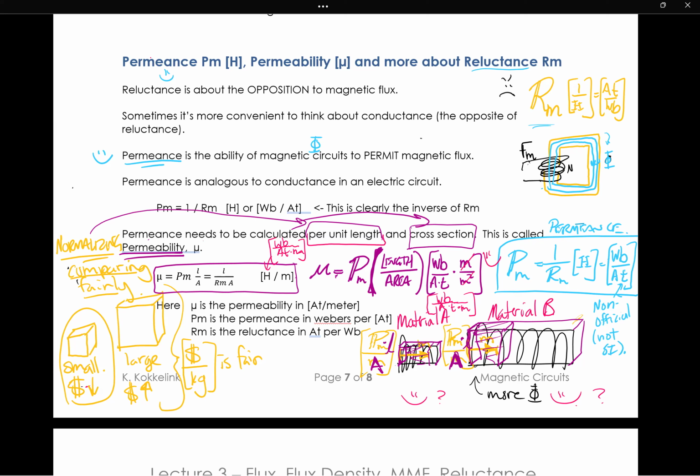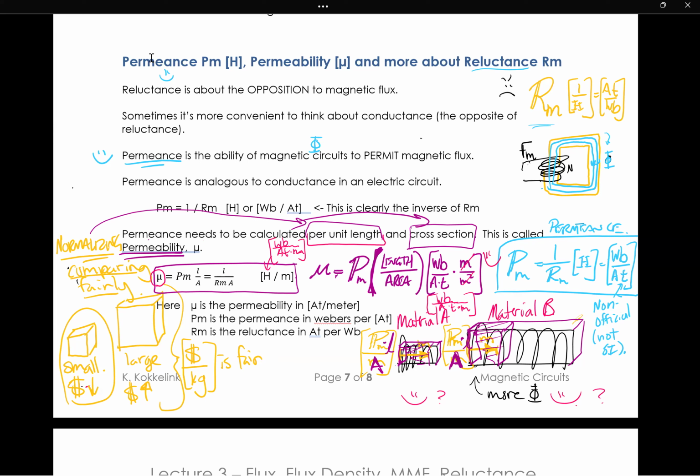So this sounds complicated, but really all we're doing is saying, let's call a new thing permeability, which we do often when we normalize concepts. So for example, conductance is normalized per geometric shape, and it's called conductivity.